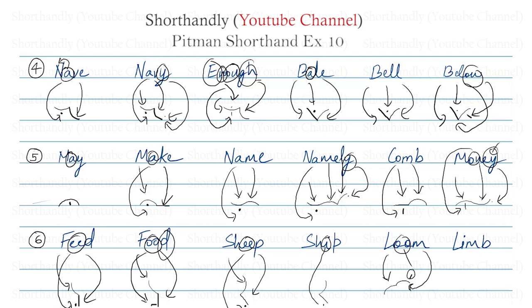Alright, so our last word is limb. So limb will be written like this. Alright, this is L, this is M, and here we have little dot to represent the sound of E because it sounds like limb.